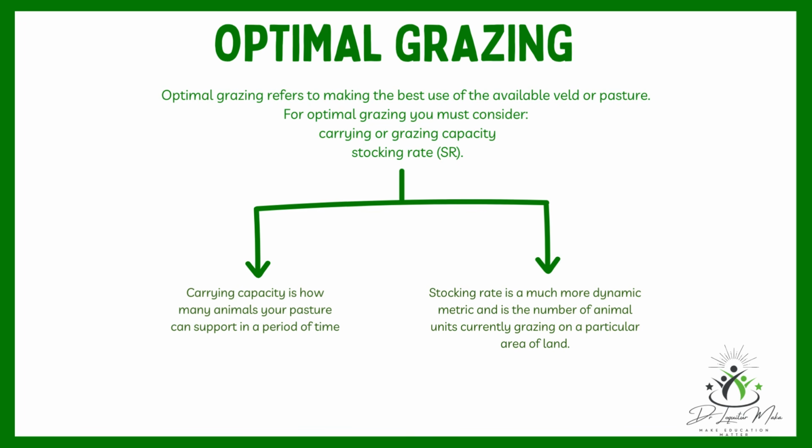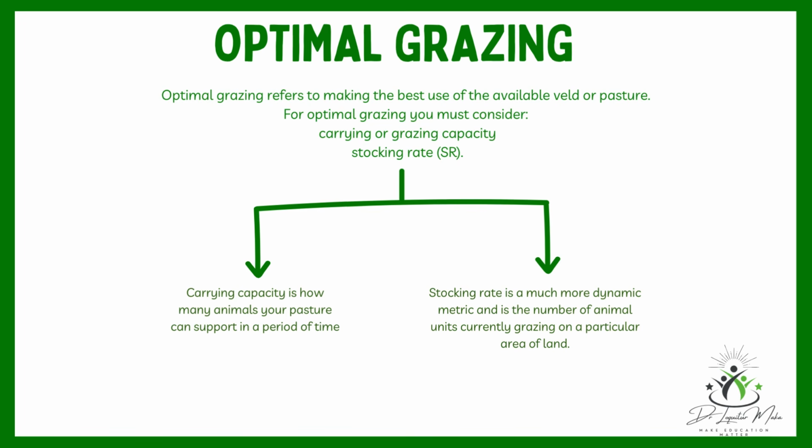Now this can vary from one area to another, and it's dependent on various factors. These factors can be rain, the veld condition, the slope, the aspect, or even the soil. The production of forage is very important to consider.